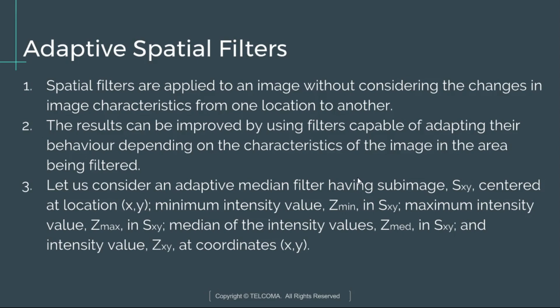Let us consider an adaptive median filter having subimage Sxy centered at location x, y, minimum intensity value zmin in Sxy, maximum intensity value zmax in Sxy, median of the intensity values zmed in Sxy, and intensity value zxy at coordinates x, y.